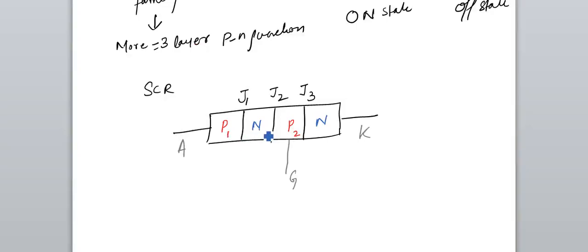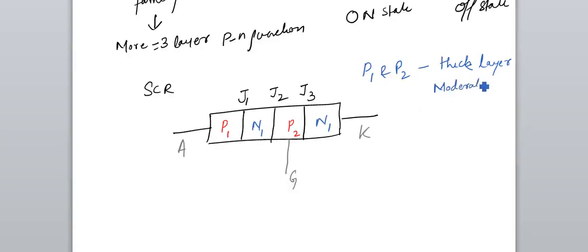Next is, how is the level of doping? Now, as you can see here, P1 and P2 are thick layers, but with moderate doping.